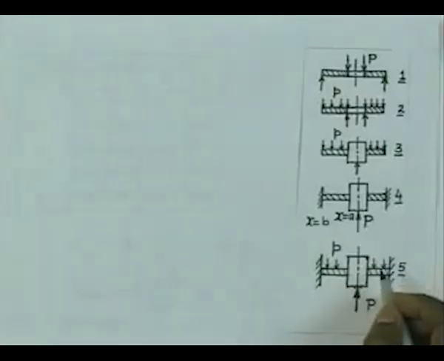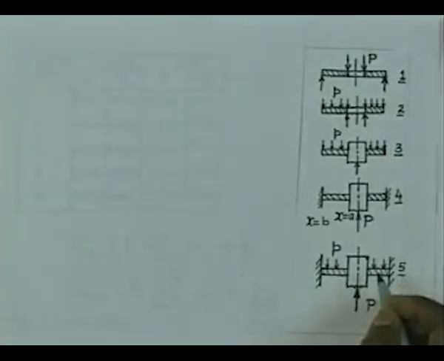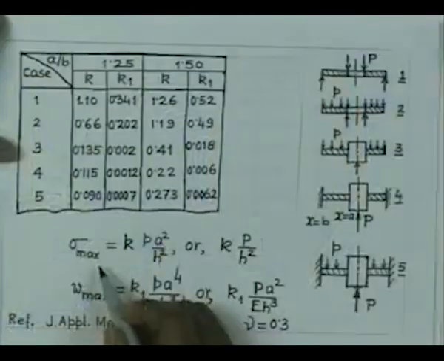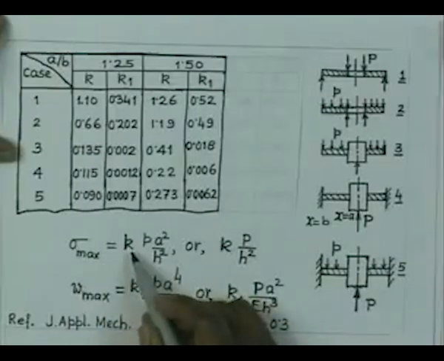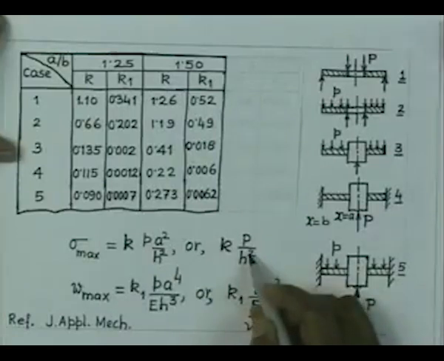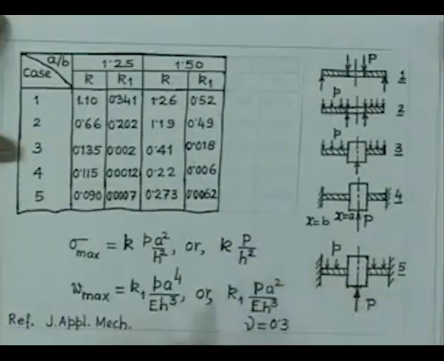So, for various ratios of these radii B by A, you can calculate the constants, and we would like to give you those constants. What I am trying to give you here is that you can calculate sigma maximum for the case of distributed pressure taking the constant K, or K for the concentrated loading.